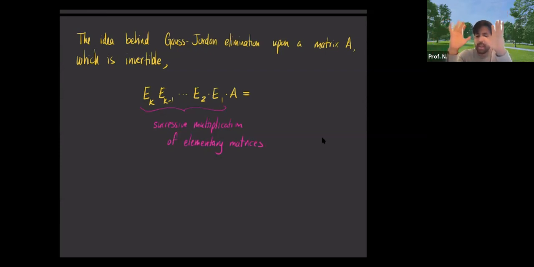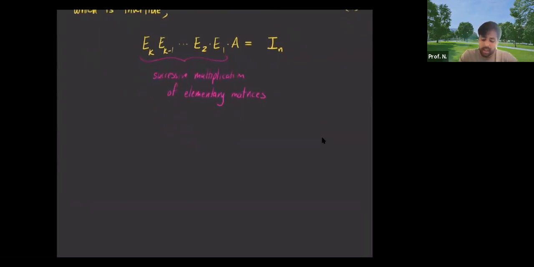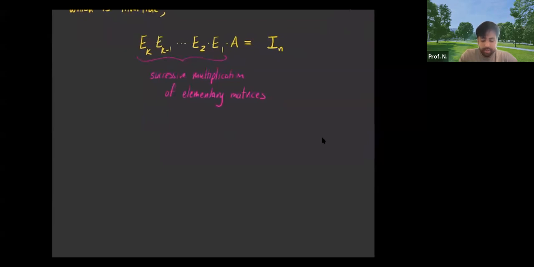But a matrix, when you row reduce it to its row reduced echelon form, if it's invertible, produces, and this is n by n, of course, we're dealing with square matrices. If we perform elementary row operations upon a square matrix A and that square matrix is invertible, then when we do all of the necessary elementary row operations, we get the identity matrix. That's what we try to do. And that's where we left off.